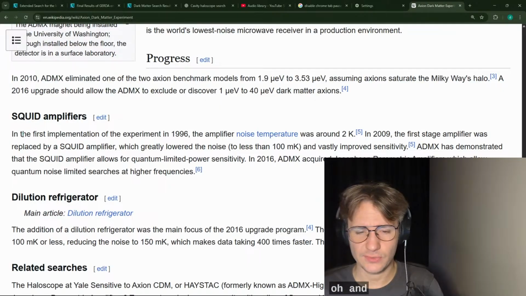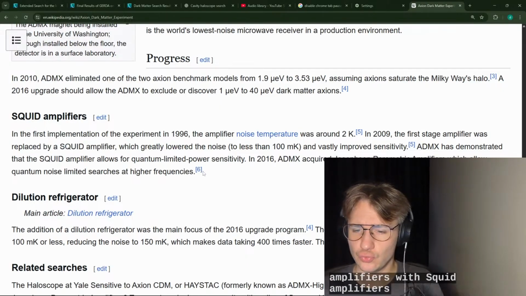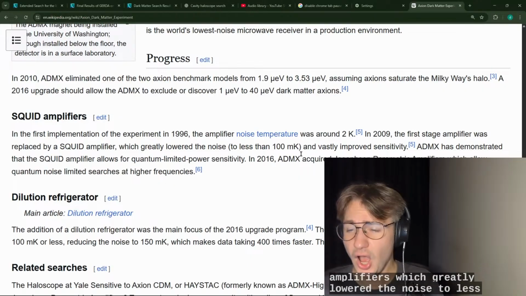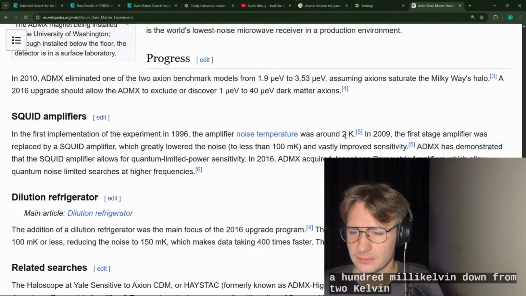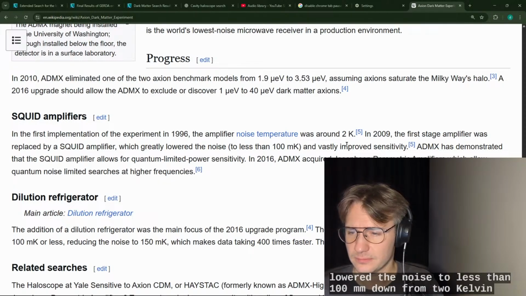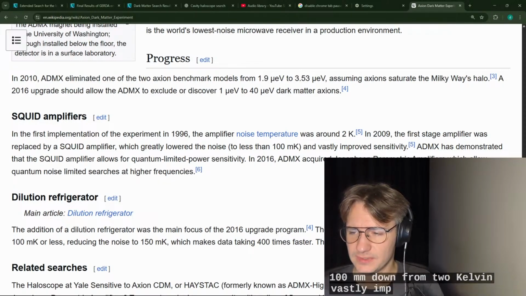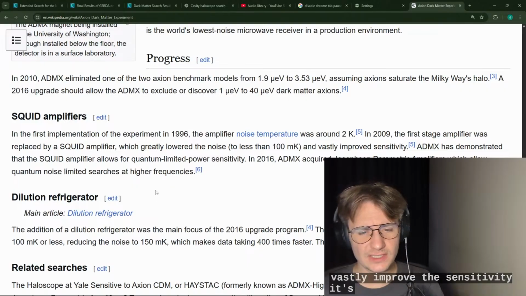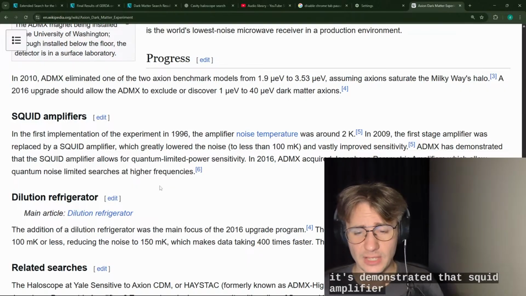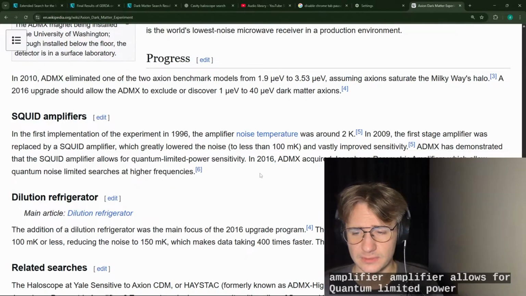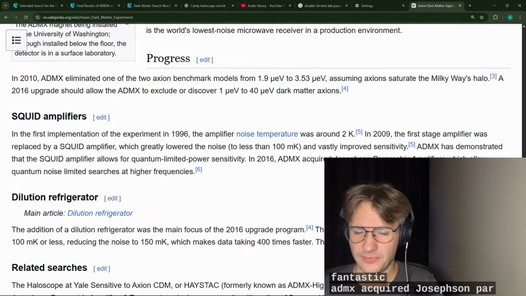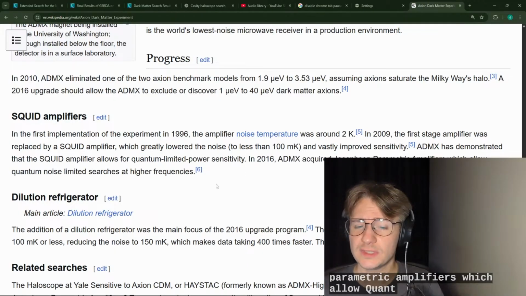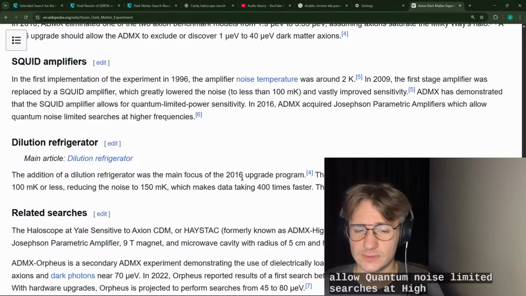Oh, and they replaced their amplifiers with SQUID amplifiers, which greatly lowered the noise to less than 100 millikelvin, down from 2 Kelvin. Vastly improved the sensitivity. It's demonstrated that SQUID amplifiers allow for quantum limited power sensitivity. Fantastic. ADMX acquired Josephson parametric amplifiers, which allow quantum noise limited searches at higher frequencies.